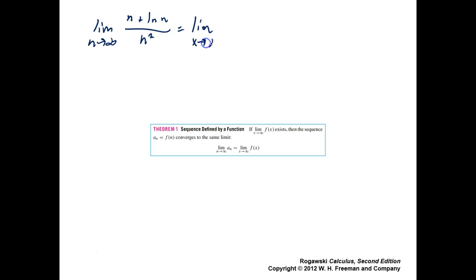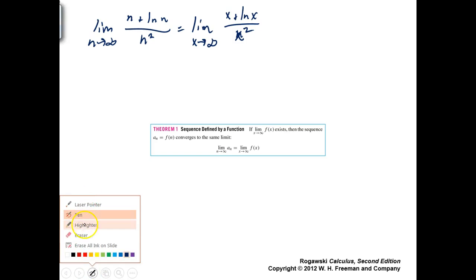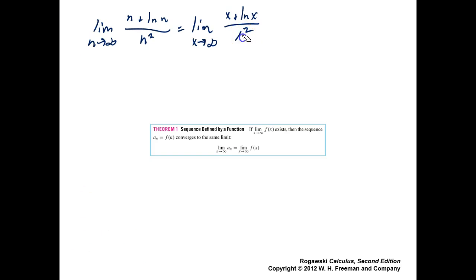Okay, x goes to infinity of, and what would be the function then? Everywhere you see an n, just change it to an x. x plus log x over x squared. Let me clean that up a little bit. So there's the functional form.